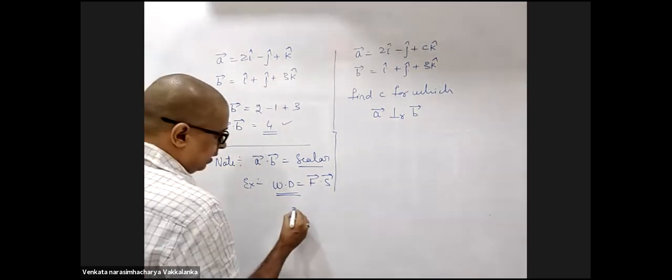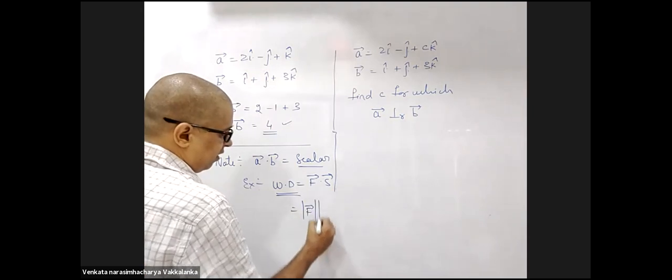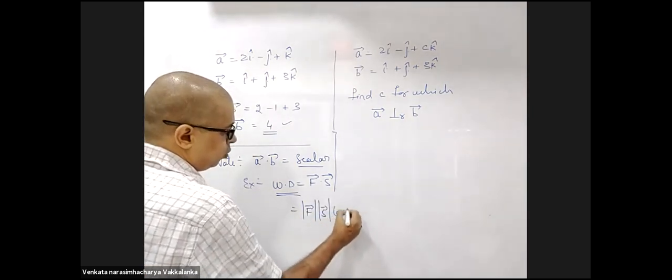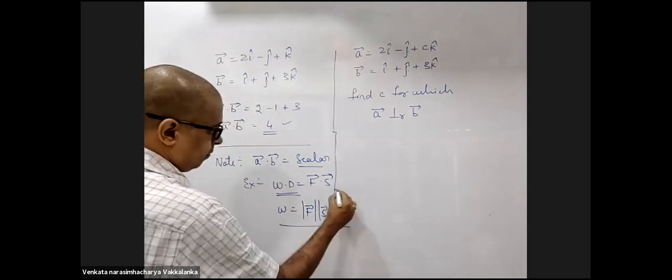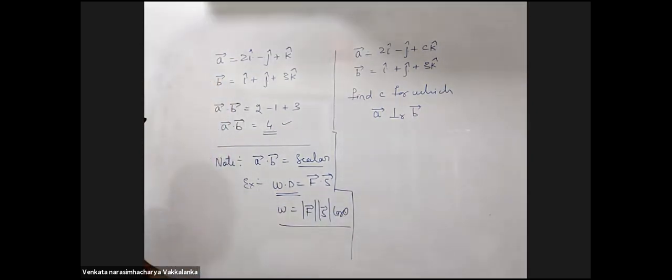This will be magnitude of F into magnitude of S into cos of the angle between them. Dot product of two vectors will be that. Sir, W dot D is work done, right? So magnitude of F and magnitude of S into cos theta will also be F cos theta into S, right? Right. So you can resolve the force along the displacement and multiply both the magnitudes.